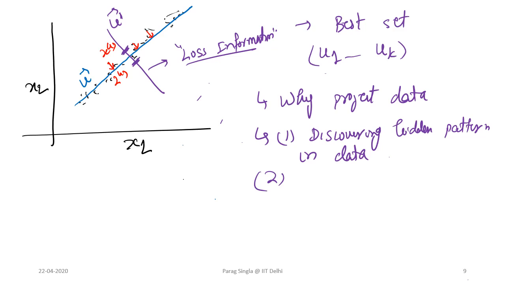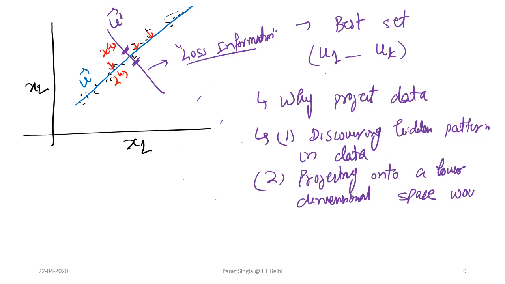But what is more interesting from a utility point of view is that projecting onto a lower dimensional space would make things much more tractable. Once you project your data onto a lower dimensional space, the future computation will become much more tractable, because remember that typically k is much less than n.